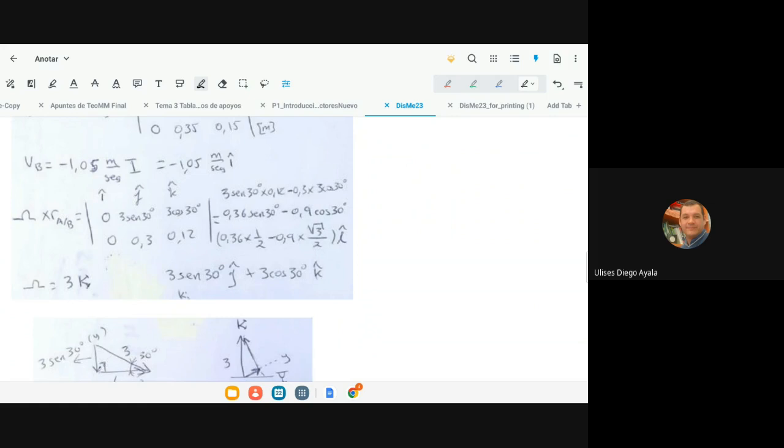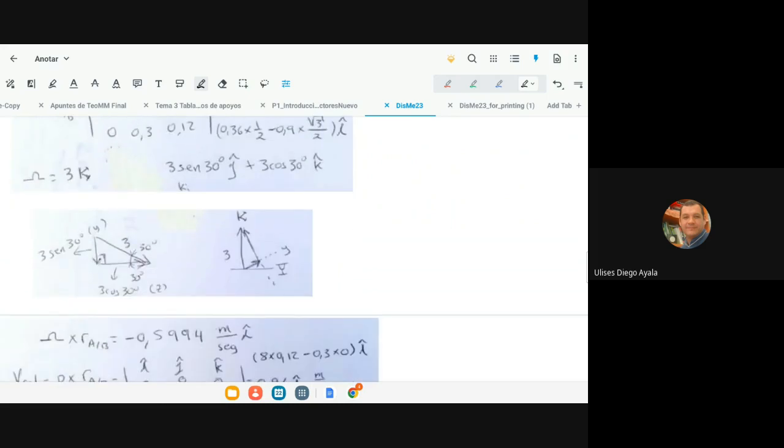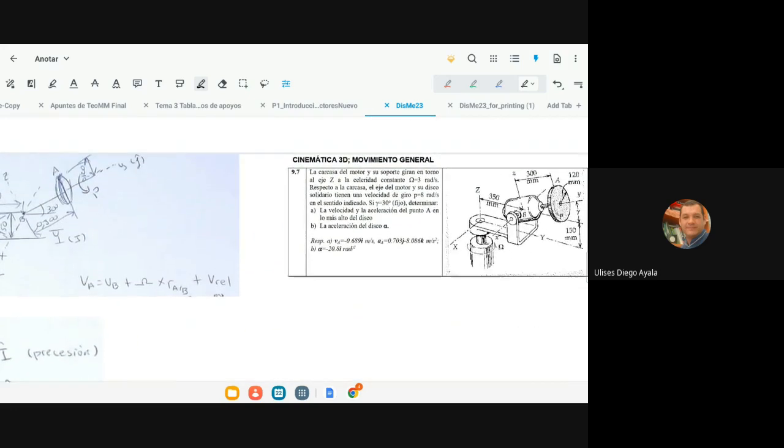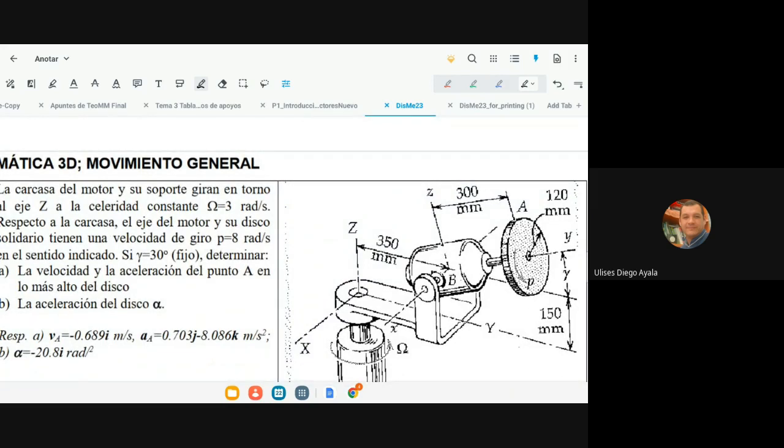No, sorry, this is lower letters. So we are converting this K into lower letters using this. And then in the other case, we verify we have this value and this value in lower letters to use these two vectors in lower letters. And then we have here the distance between A and B, from A to B. This will be the vector.